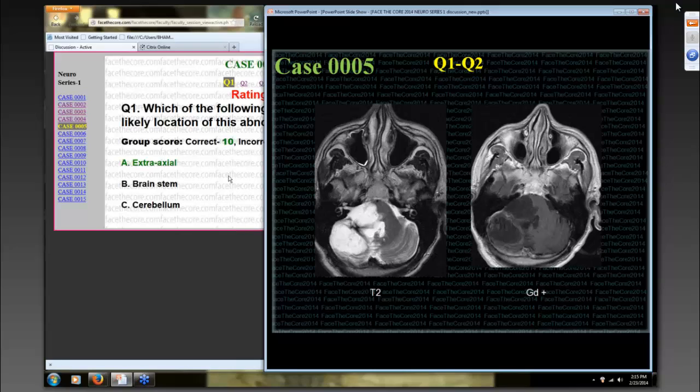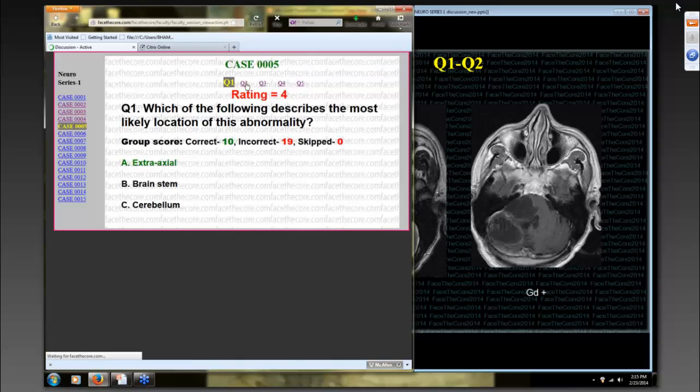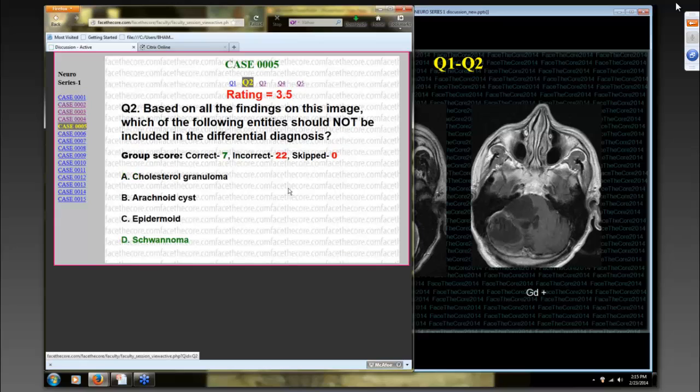And coming to the second question in this case, based on the findings, what should not be included in the differential? So the possibilities of a non-enhancing large T2 hyperintense extraaxial mass in the posterior fossa, the differential diagnosis of course includes the two important ones, the epidermoid and the arachnoid cyst.